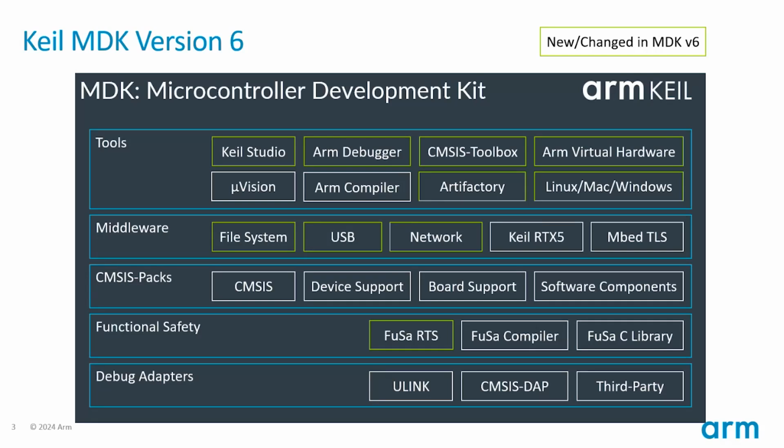Of course, we are using CMSIS packs for everything under the hood, so device support, board support, and the software components. And for the debug adapters, we of course support our U-Link probes, CMSIS DAP, and third-party like, for example, ST-Links.